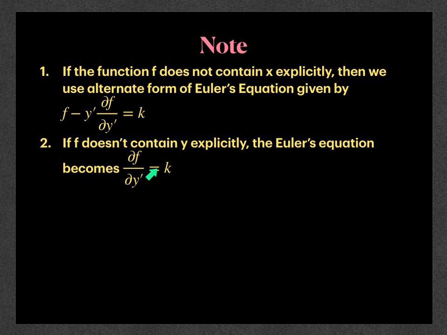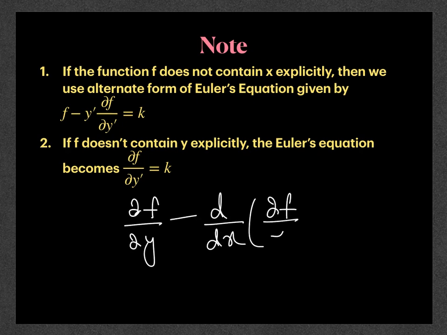Both are derived, and this is very simple to prove. We know Euler's equation: dou f by dou y minus d by dx of dou f by dou y dash equal to 0. When the function does not contain y explicitly, obviously dou f by dou y becomes 0. Then what remains is d by dx of dou f by dou y dash equal to 0.